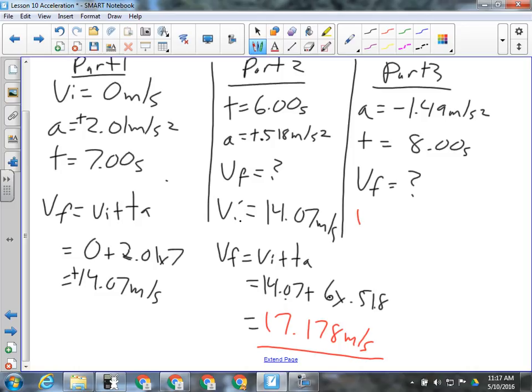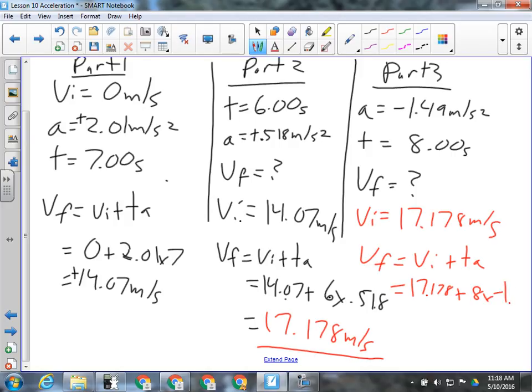Now I bring that over here. That's going to be VI for part 3. Now I can solve for VF. Again, same calculation we've been doing all the way along. Is there a problem? So we've got 17.178 here, plus the time, which is 8 seconds, times our acceleration, negative 1.49.